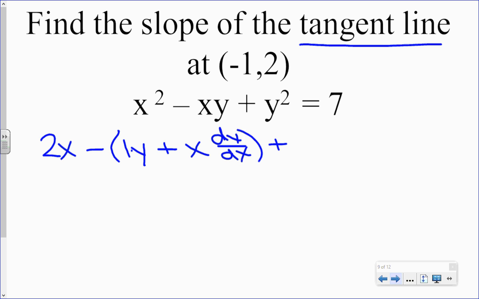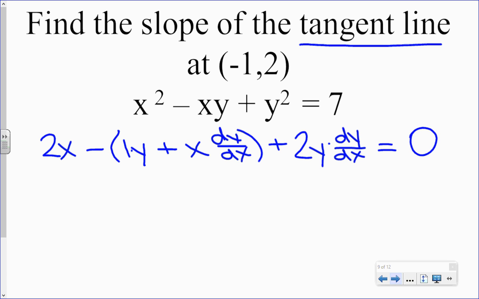Then we have the derivative of y squared. CJ, what are we going to write that as? dy dx, yep. 2y dy dx equals, what is the derivative of 7? 0. Okay.